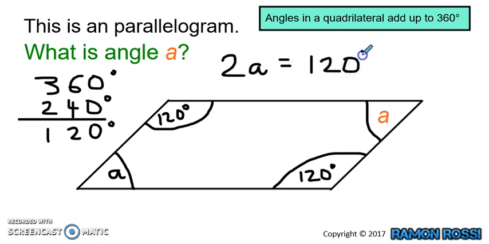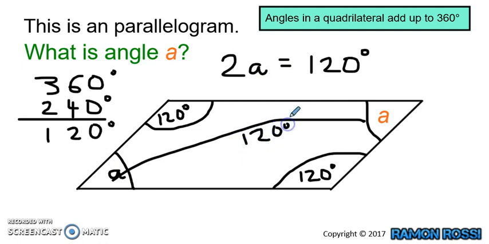So how will we get 1 angle A? Well, if the two of them together make 120, then to get one of them, we'll have to halve it. So that means this should be 60 degrees, and this one should also be 60 degrees.